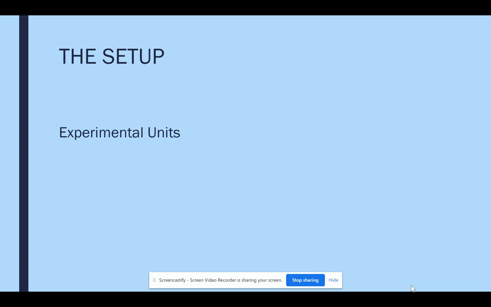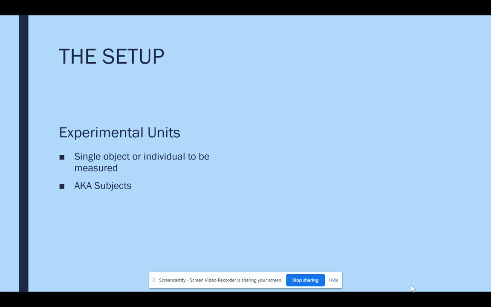So if you think about the setup of an experiment, you obviously have to have some experimental units. The experimental units are the individual objects or individuals to be measured. Some researchers would call these your subjects.